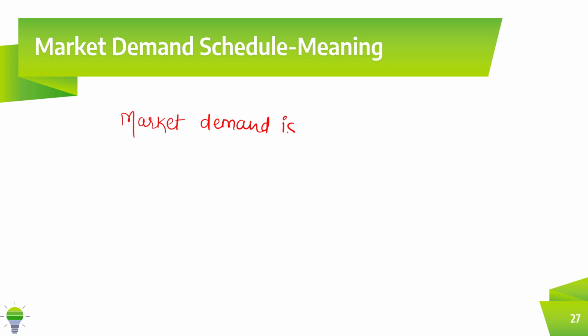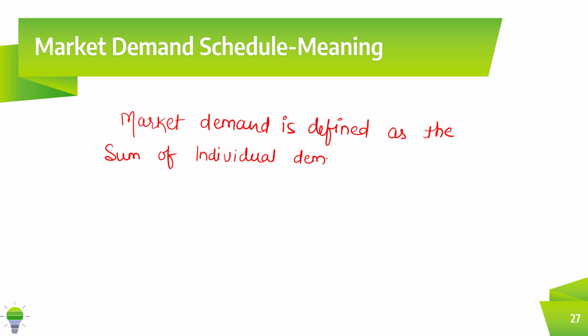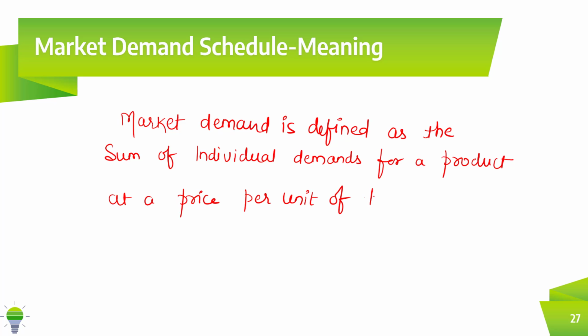So, market demand is defined as the sum of individual demands for a product at a price per unit of time at a point of time.